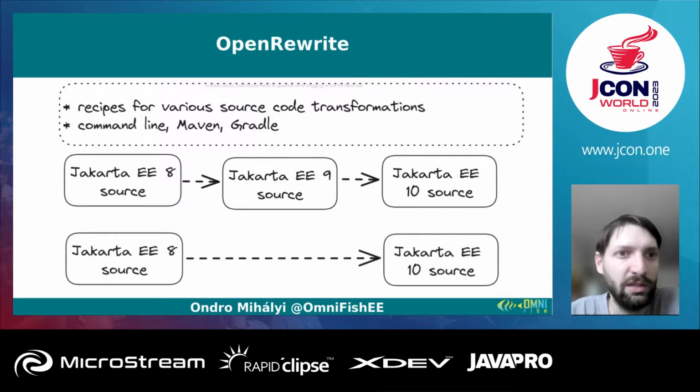It can be used similarly to Transformer, on command line or as a Maven plugin, and it also has a Gradle plugin, which I saw as basically more or less the use case for command line, because for source code, as I said, you migrate source code once and then store it in the version control, but you can automate it as a Maven plugin or a Gradle plugin if you want.